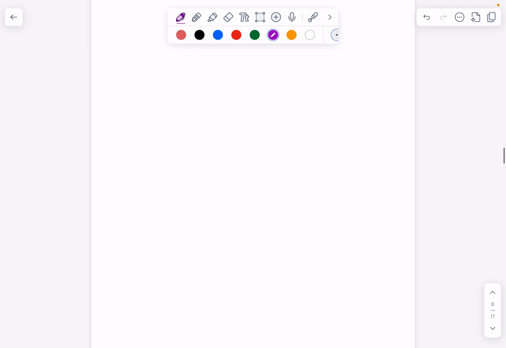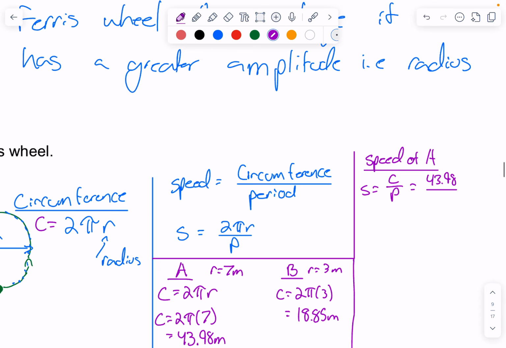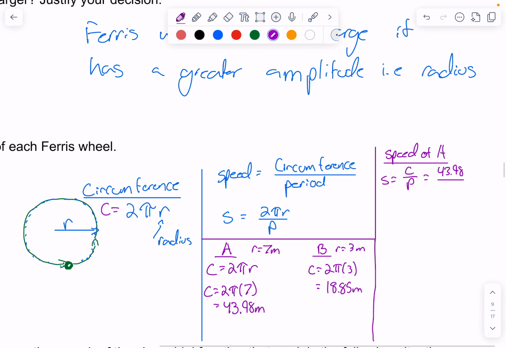So the period is 40 seconds. And remember, this is units of meters. So we are going 43.98 divided by 40. You're going to get a speed of 1.1 meters per second.